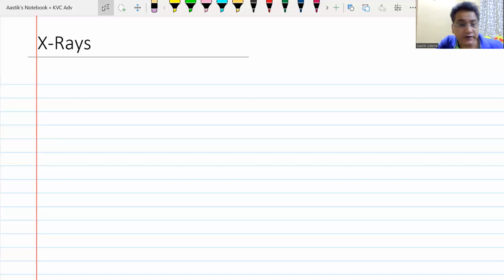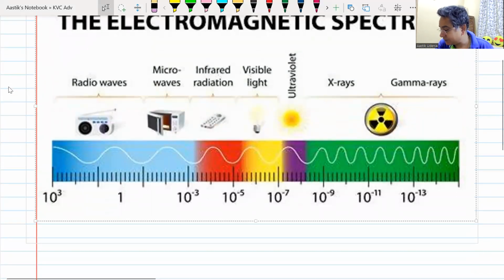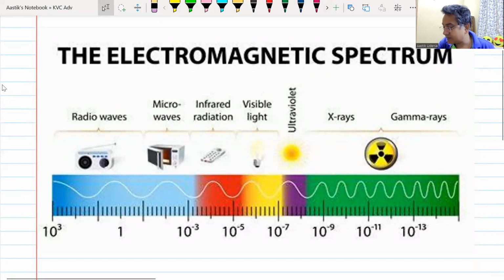Okay. Since you don't recollect anything, we have this something known as the electromagnetic spectrum. Now, what is this electromagnetic spectrum? It gives us whatever rays or whatever type of radiations we have.